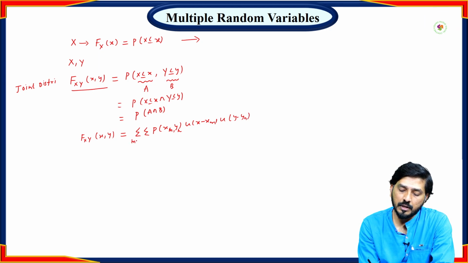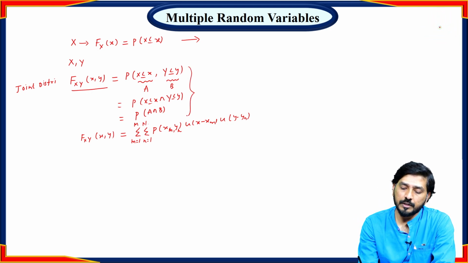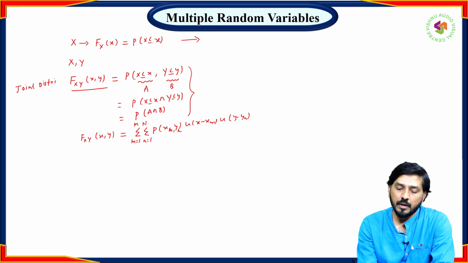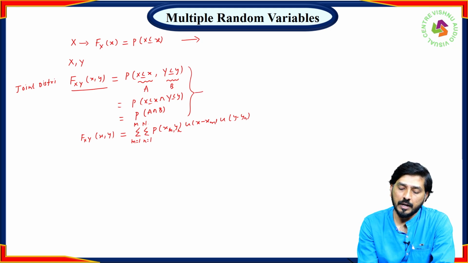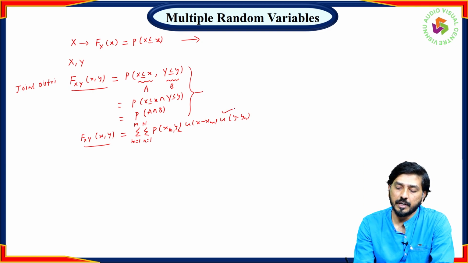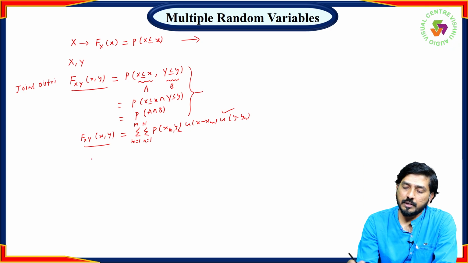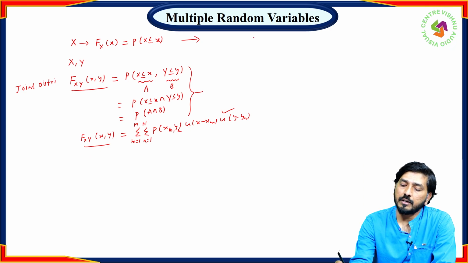Here in the summation, the values run from m equal to 1 to capital M and n equal to 1 to capital N. So, this is the distribution we can get with respect to probability, and the function expression is obtained using this second formula.